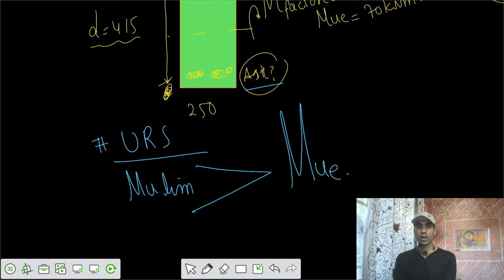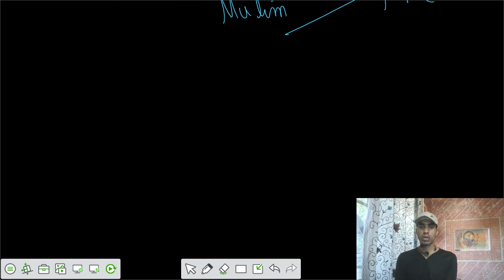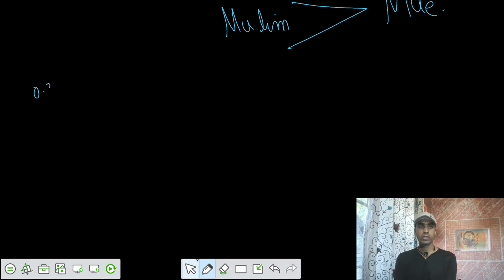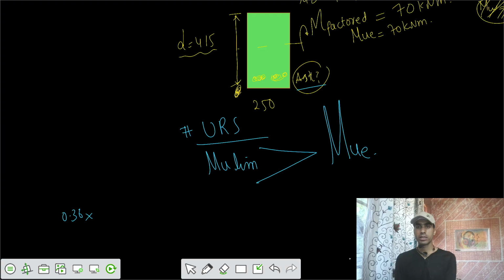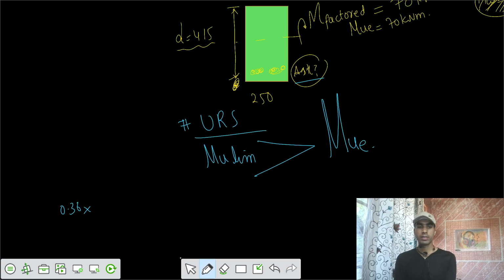So let's try to calculate MU limiting. We have the equation 0.36 FCK, FCK is 20, 0.36 FCK B, and XU limiting.